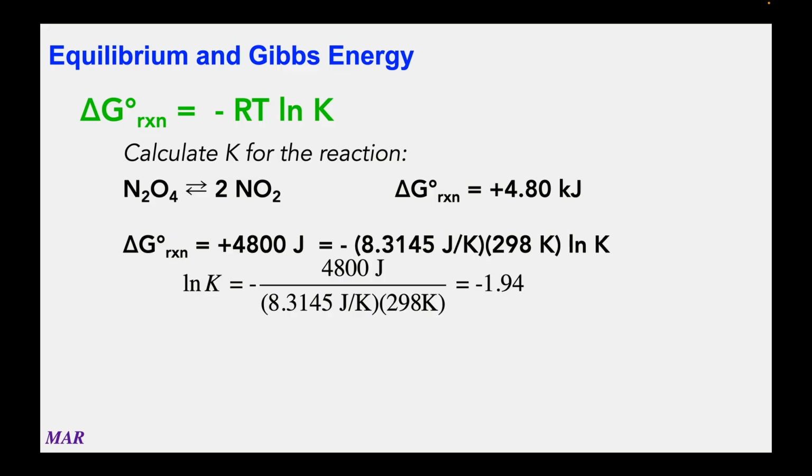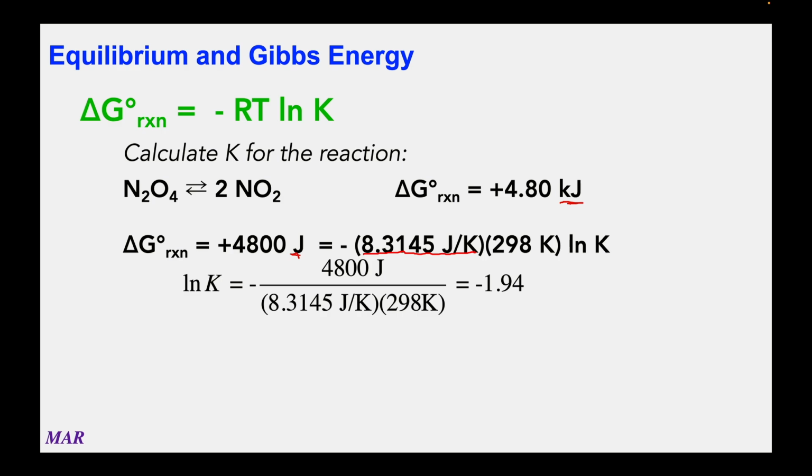First of all, notice that the value of R is joules per mole Kelvin. Mole isn't showing, but that's what's there. And the delta G values, like delta H, are usually in kilojoules. So one thing you want to make sure you do is turn your kilojoules into joules first, so that you're using a delta G in joules and an R value in joules. You can also convert both of them to kilojoules. It doesn't really matter, but you don't want to mix joules and kilojoules together.